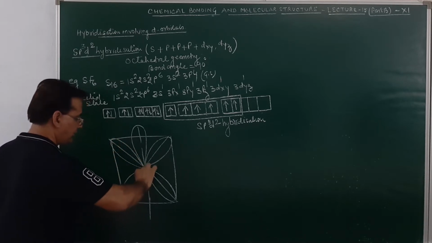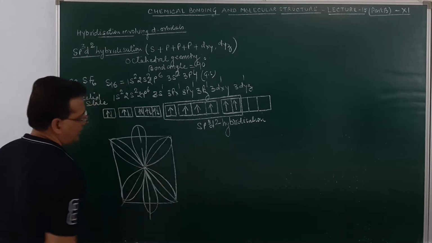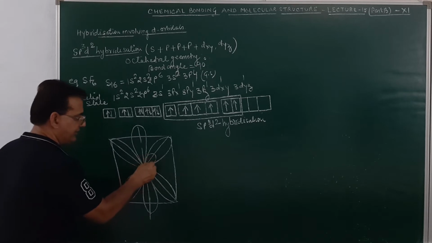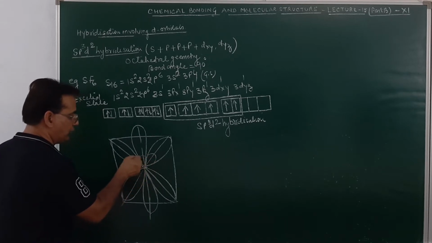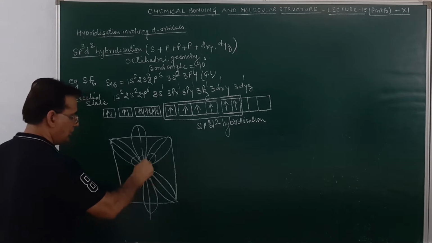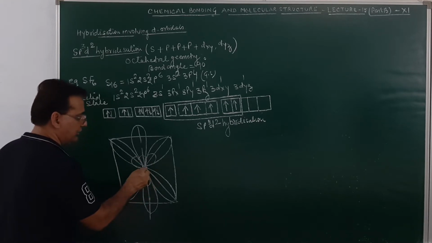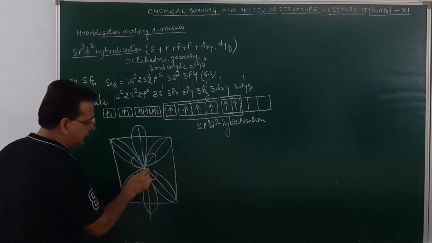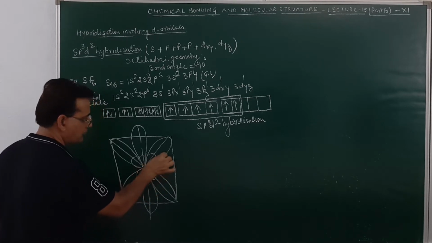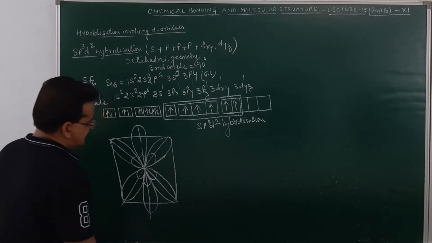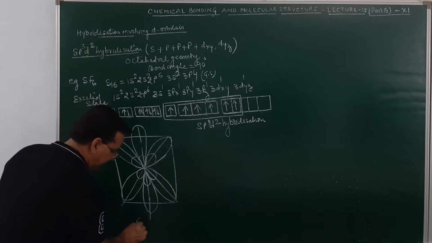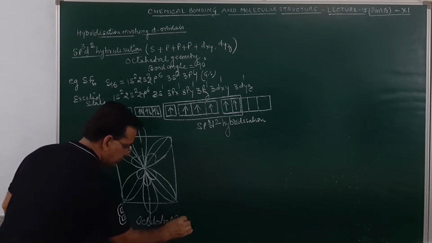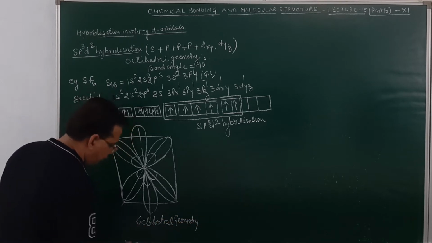Since they are hybrid orbitals, they are to be represented with a bigger lobe as well as a smaller lobe, in this manner. Tell me whether I am getting it clear for you or not. Yes, this is octahedral geometry. Bond angle will be 90 degrees.